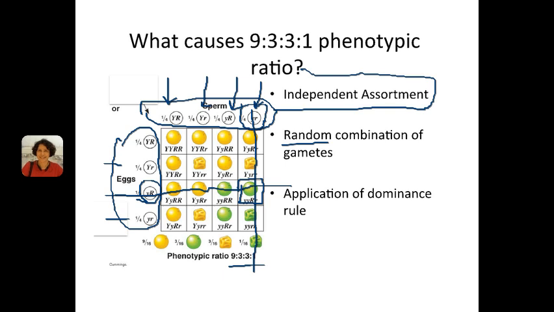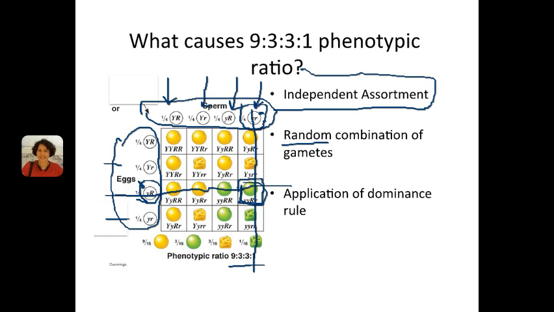So if you cross little y, little r from the father with little y, big R from the mother, the combination you get in the zygote is little y, big R, little r. And that is going to be a green pea, because it's got little y, and it is round because round is dominant over wrinkled. And for each of those you have the combination.